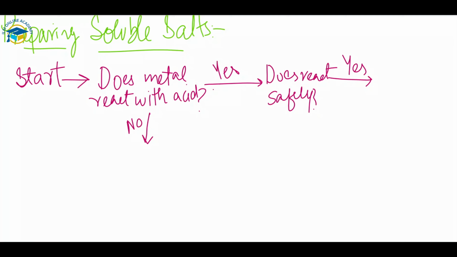There are some metals that do not react with the acids, and some will react because of their reactivity. Some are more reactive, some are less reactive. The ones that are more reactive will react, and then we check whether the metal reacts safely or not, meaning whether they have moderate reactivity or high reactivity. If not, then you have to check whether the base or the carbonate is soluble.